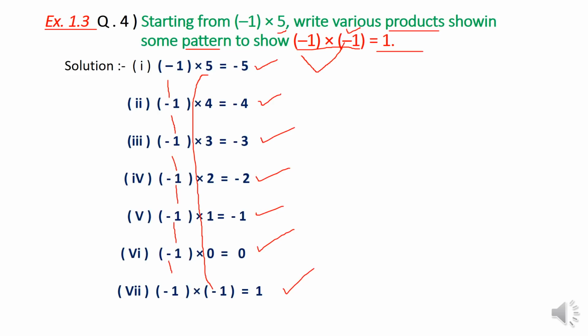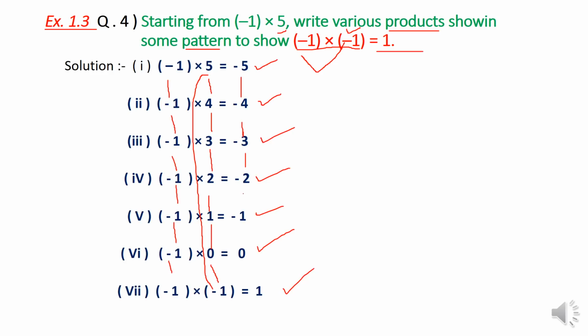So 5 is becoming minus 1, that means the second number is decreasing. 5 becomes 4, then 4 becomes 3, 3 becomes 2, 2 becomes 1, 1 becomes 0, and 0 becomes minus 1. And as the second number is decreasing, you can see the product is increasing. The product is increasing everywhere by 1.